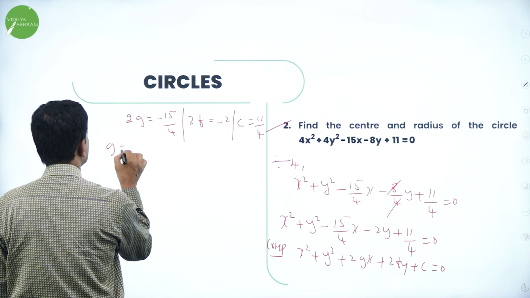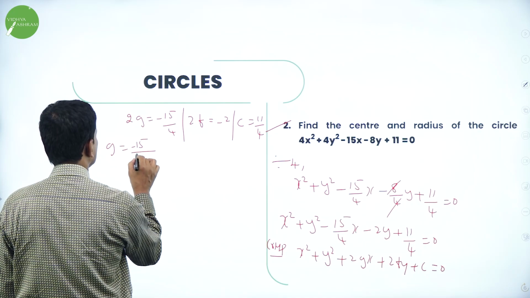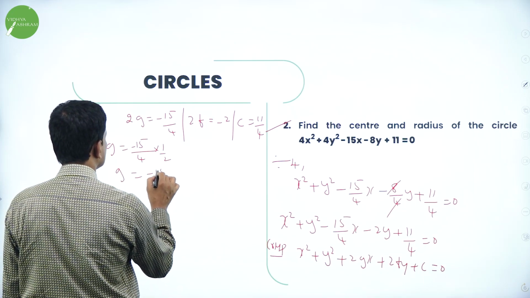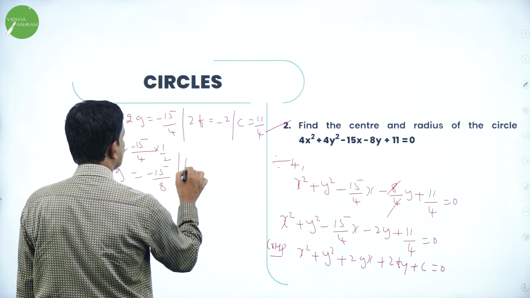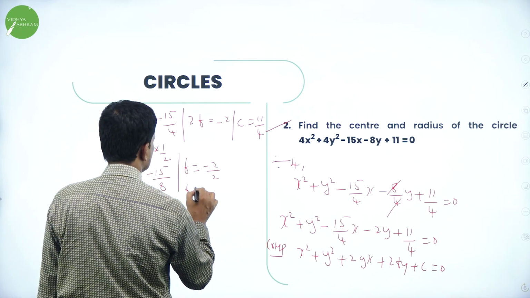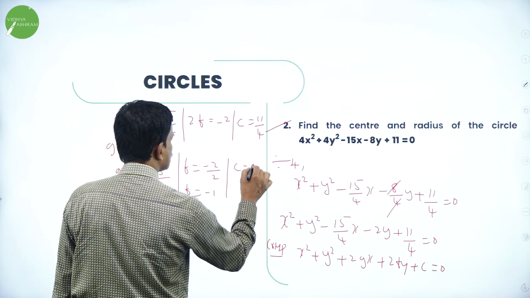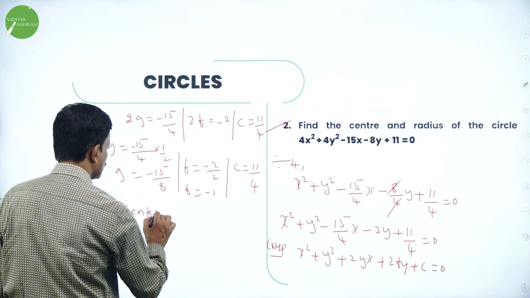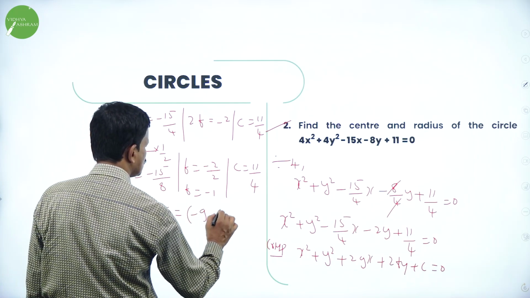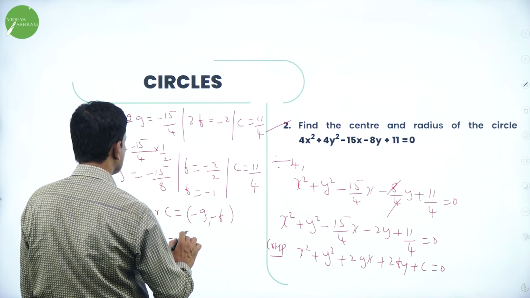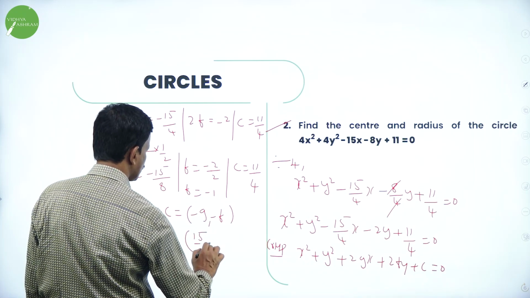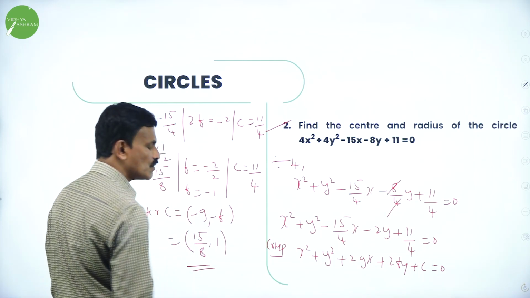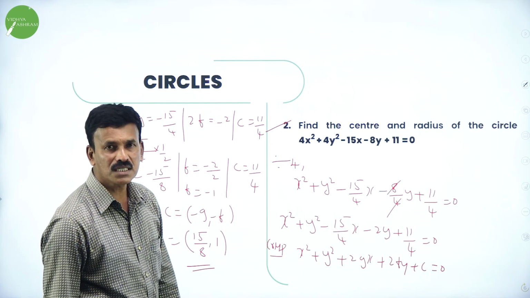So therefore g is equal to minus 15 by 4 into 1 by 2, g is equal to minus 15 by 8, and f is equal to minus 2 by 2, which is minus 1, and c is as it is, 11 by 4. Therefore the center of the circle is minus g comma minus f, that is, minus of minus is plus 15 by 8, comma minus f, minus into minus is plus 1. So 15 by 8 comma 1 is the center of the circle.